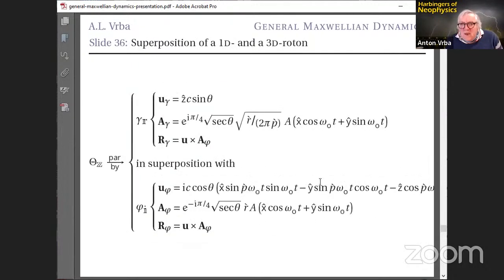If we go back here, we can see if I multiply the e to the I pi over 4 squared, it gives me e to the I pi over 2, which is equal to an I. And I multiply by u, which makes us reactive.